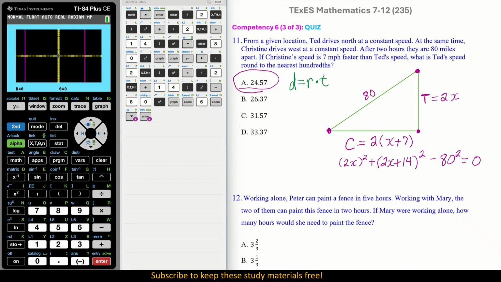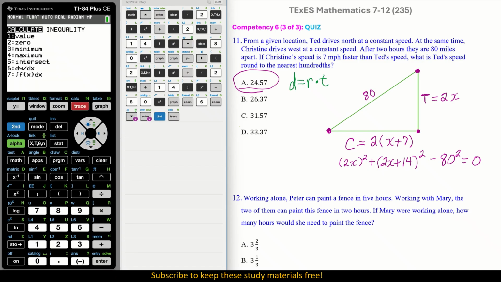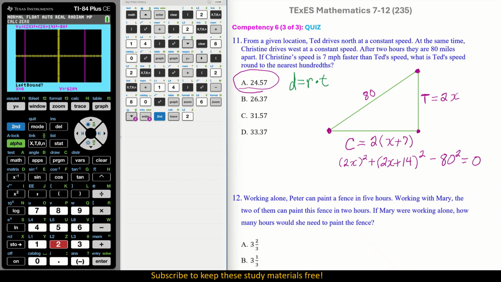Now what do we need to do? We need to use second, calculate, and number 2. Okay, so press number 2. Now what they want you to do is put in boundaries. Well, our smallest boundary from our A, B, C, D options would be 24. So we need to say 24. Oops, sorry about that, 20. Okay, there we go.